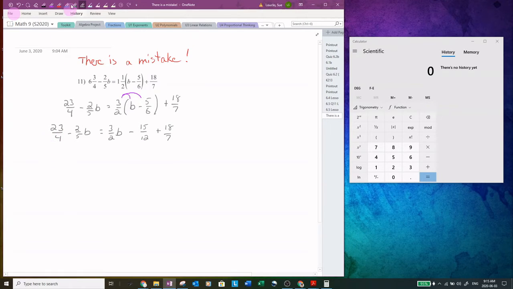So I'm going to use some colors here just to show you. Minus 23 over 4 and minus 23 over 4. But at the same time, I'm going to subtract my 3 over 2b and subtract my 3 over 2b and cross that out.